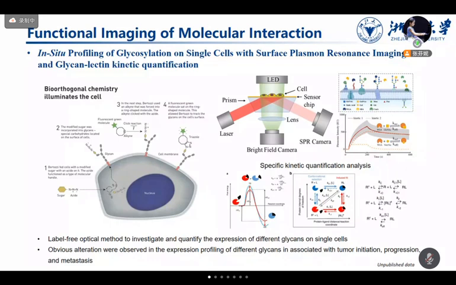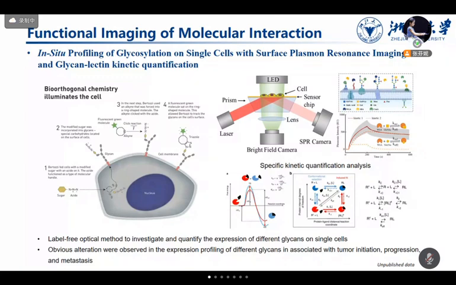So what we are trying to do is solve this problem, not with labeling, but with specific recognition. We can quantify the real-time binding kinetics and recognize different glycans.